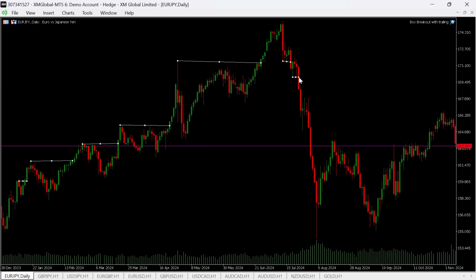It is not very much clear compared to the uptrend which I've just demonstrated, but I'm going to look for another downtrend to demonstrate it clearly. There, so these are break of structures in the downtrend.